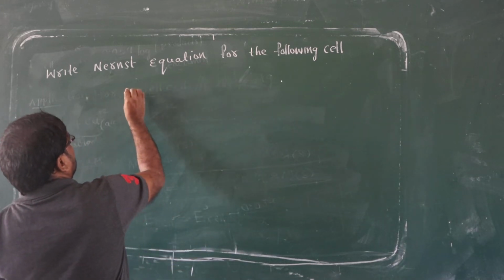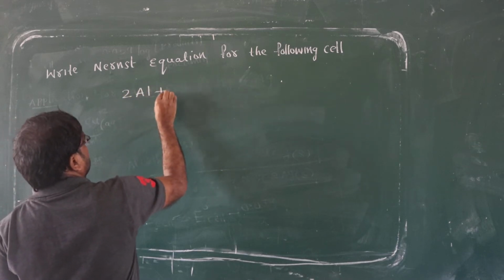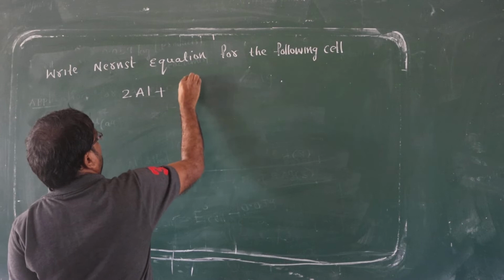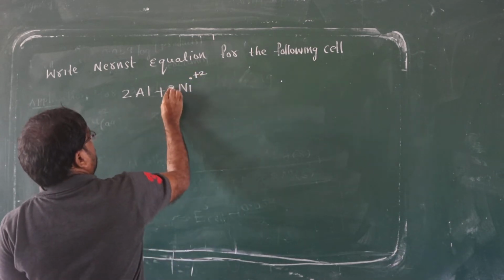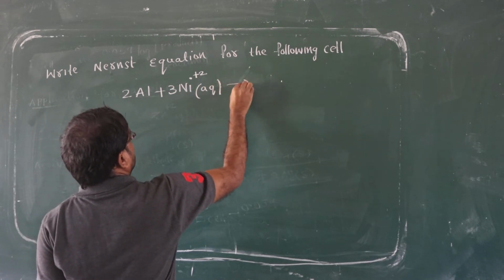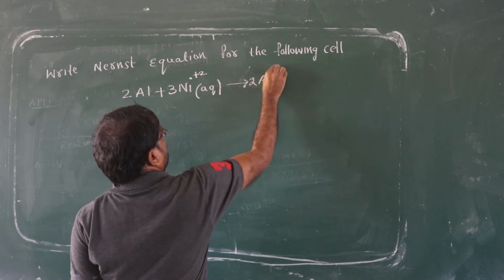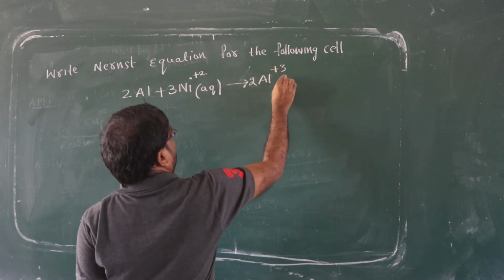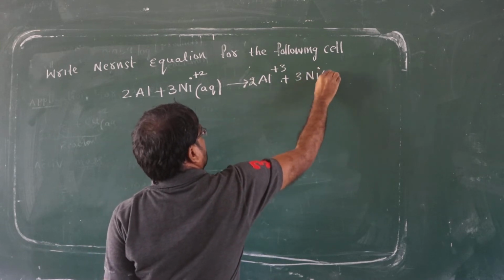Luckily, the given cell reaction is: 2Al + 3Ni2+ (aqueous) gives 2Al3+ + 3Ni solid.